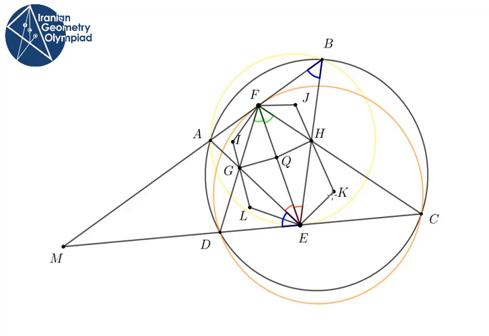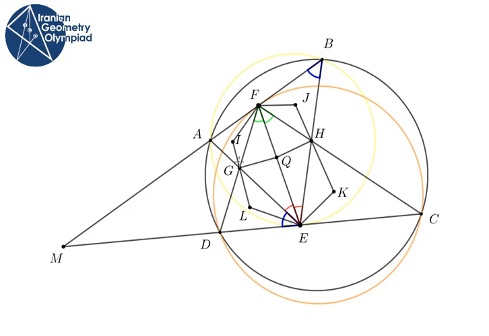Now, if JK is parallel to FE, because we know that HJ is exterior angle bisector of FHE, then HQF is 90 degrees, and so the triangle FHE is isosceles, and so FGE is isosceles too, and so GQ is perpendicular to EF.